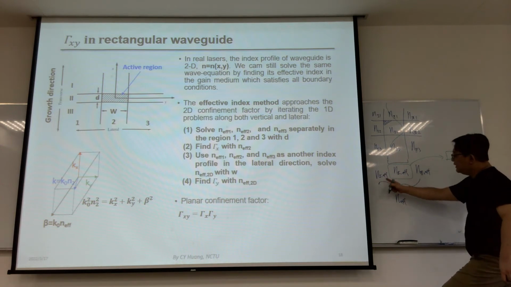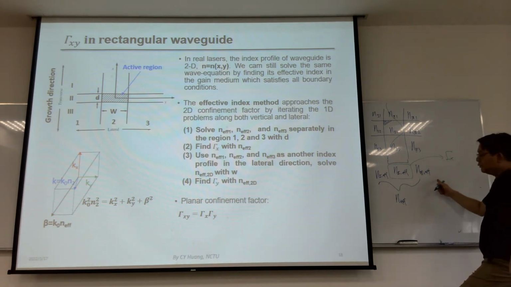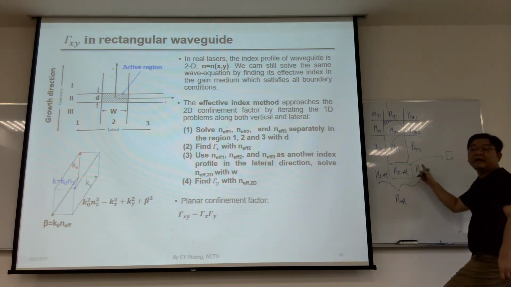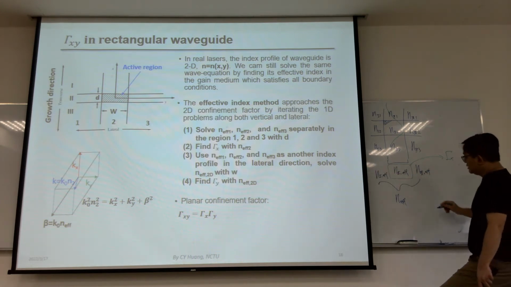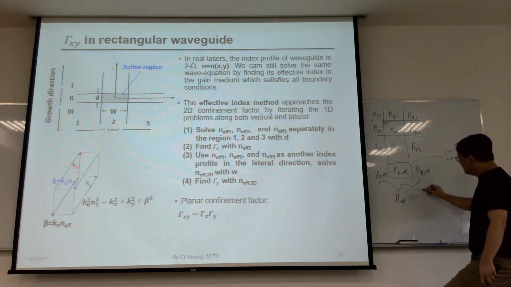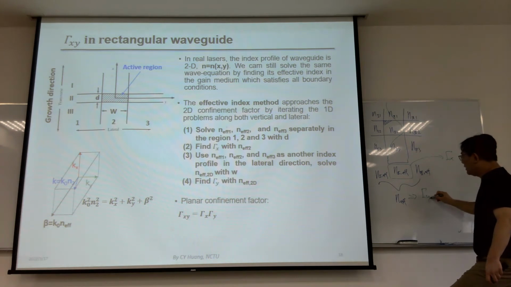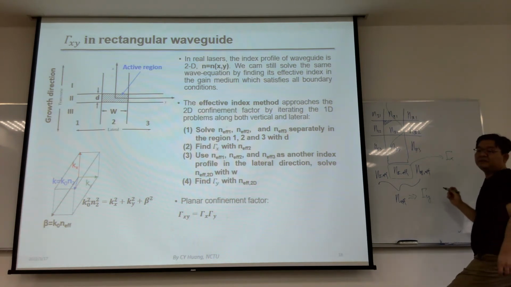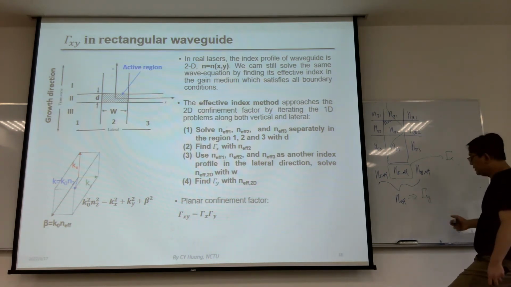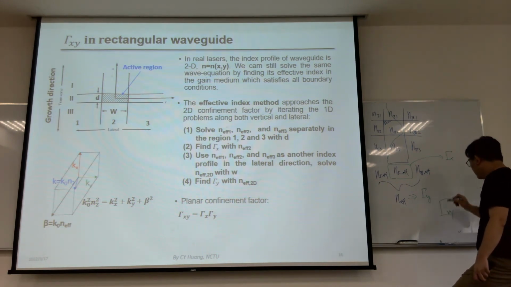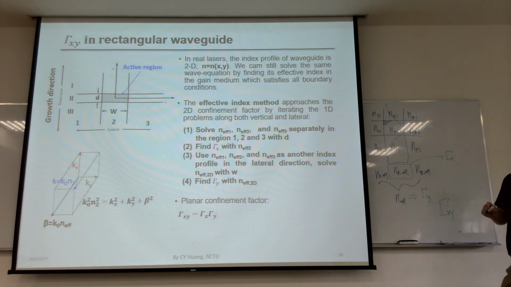And with these three new effective indices, we can get another waveguide in the lateral direction. So this also gives you a gamma y, the confinement factor in the lateral direction. Then the overall confinement factor of the two-dimensional plane goes to gamma x times gamma y.